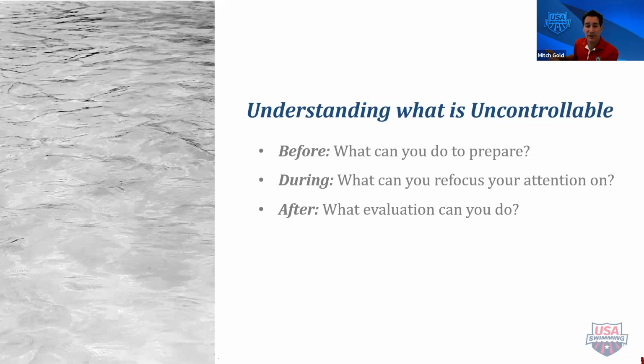And when we see something that is uncontrollable that we focus on, like someone is in the next lane to us that you don't want to race, or you were assigned lane 8 or lane 1, and those, obviously no one likes to swim in 8 and 1. What do you do? You have to recognize that the lane that you're in is a distraction and has no effect on how fast you can go. And so you push that thought out of your mind and you focus on what you can do.